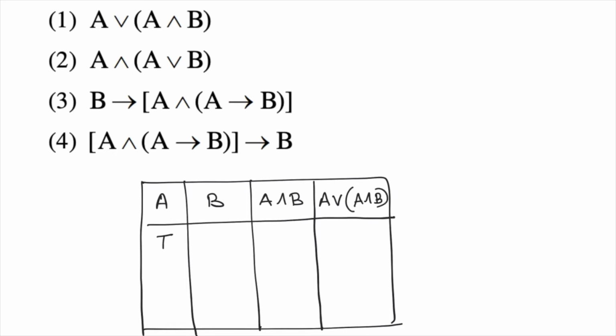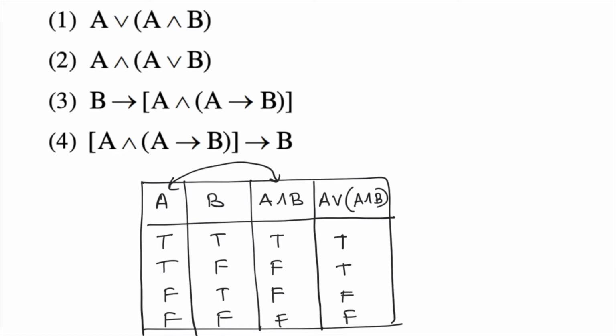Let's take all possible combinations: TT, TF, FT, FF. A and B is going to be T, F, F, F. Now we have to take OR of the first column and the third column. So this is going to be T, T, F, and F. And it is not a tautology.